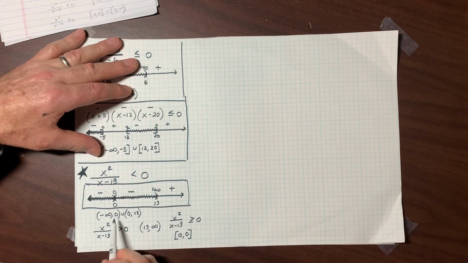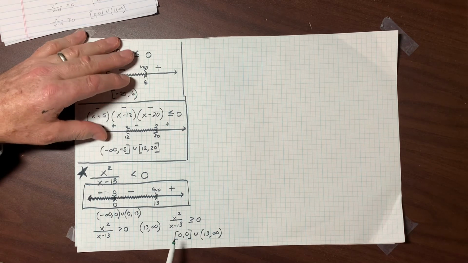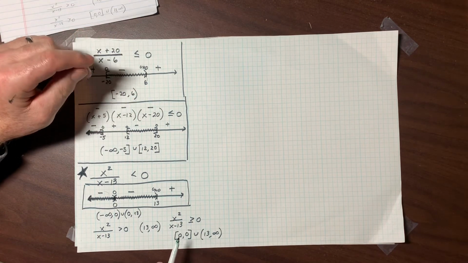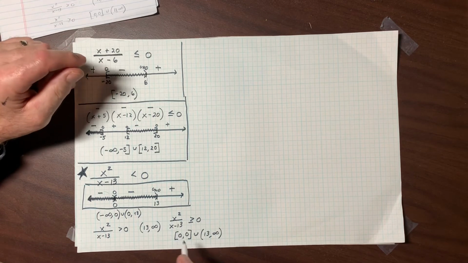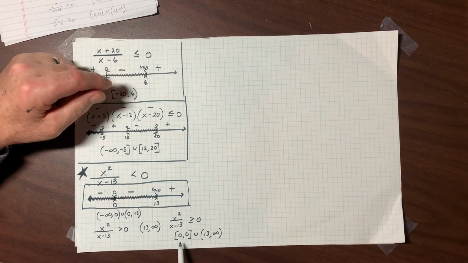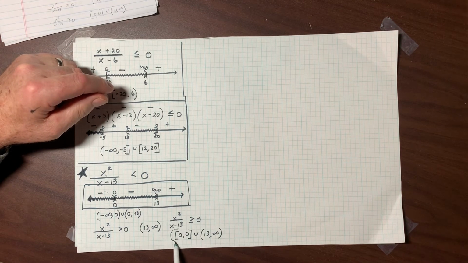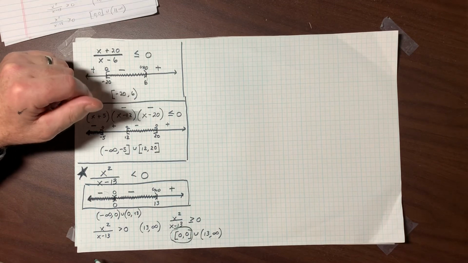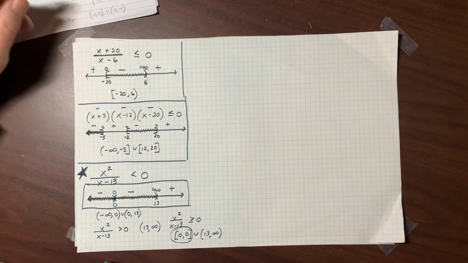That takes care of this one point right here in union with 13 to infinity. I could tell you it's not uncommon to get wrong answers for a problem like this because this part of the answer is kind of forgotten.